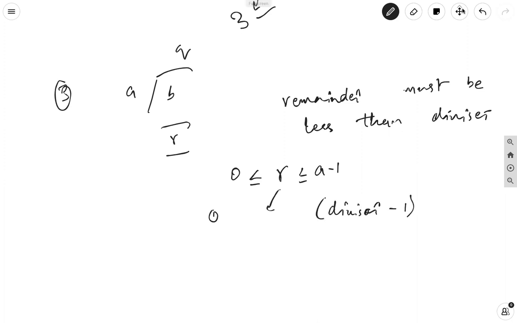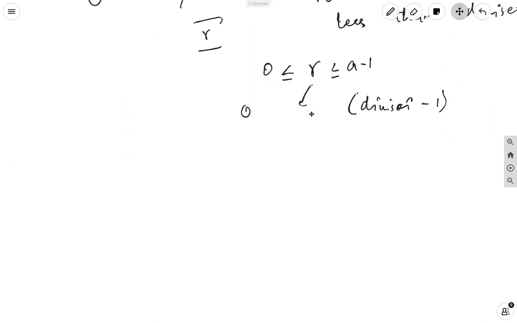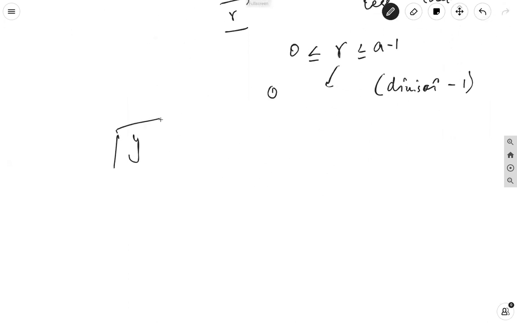For example, let's suppose we are dividing y by 4. What are the possible remainders in this case? For example, if y is 1, y is 2, y is 3, and y is 4, what are the possible remainders? If y is 1, the remainder will be 1.